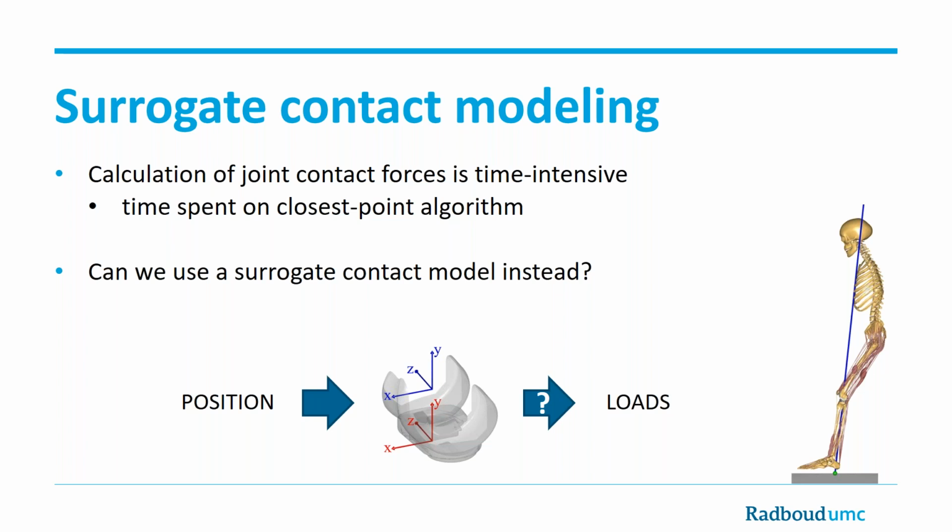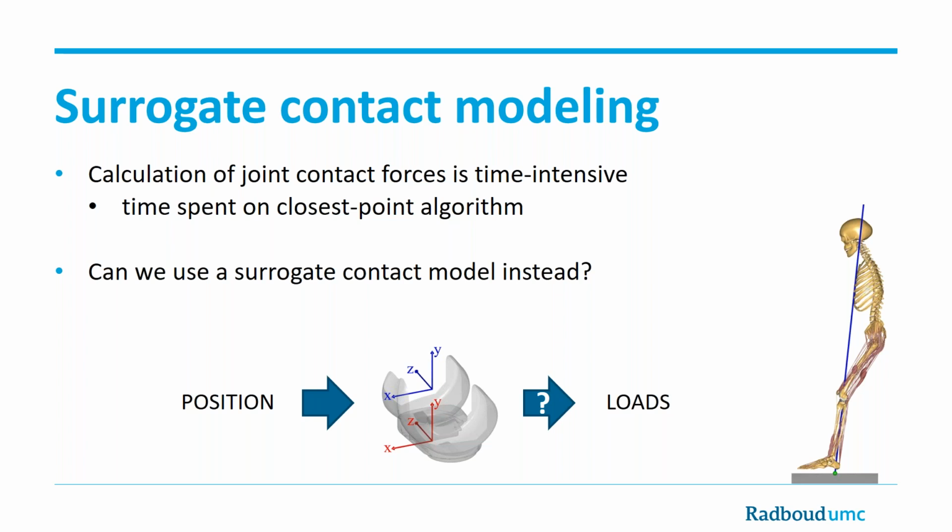And the time is actually spent on the algorithm to find the closest points in the contact detection. So the idea was, can we replace the default contact model with a surrogate contact model so that we can speed up the computation of the contact forces?